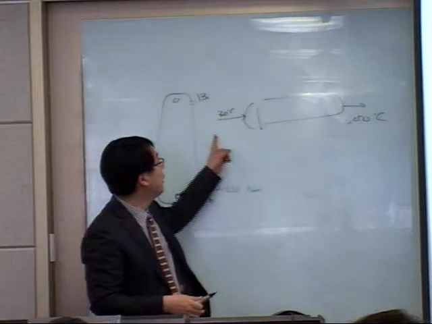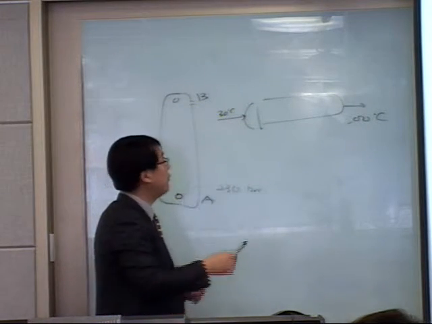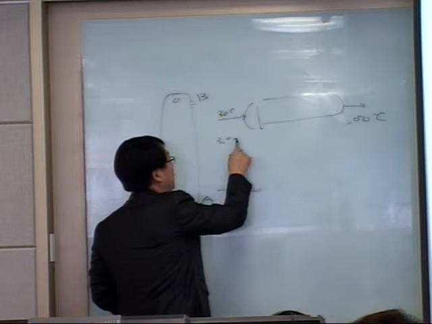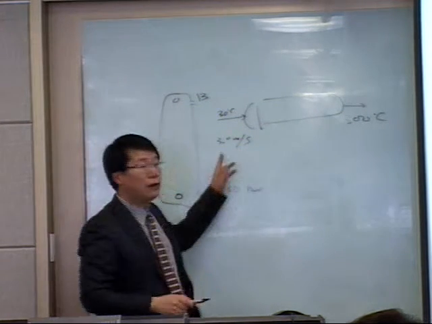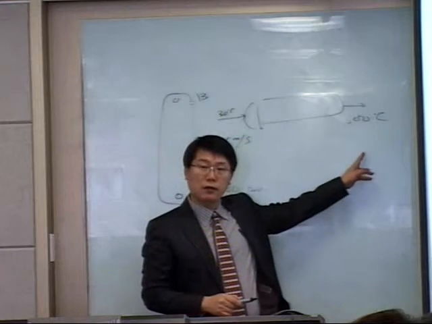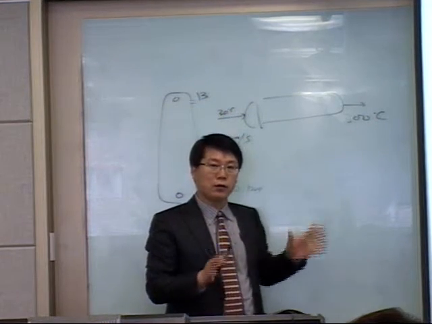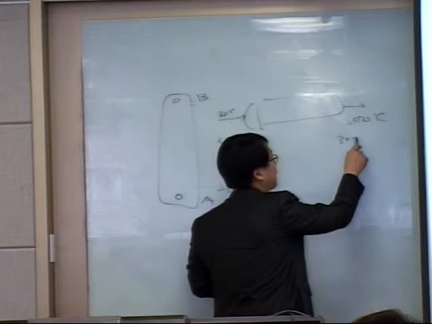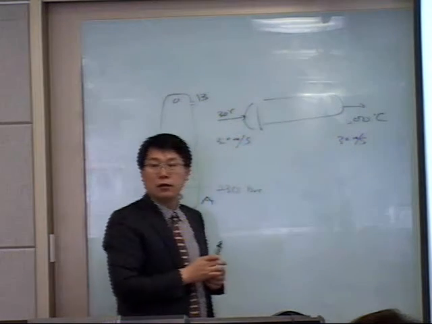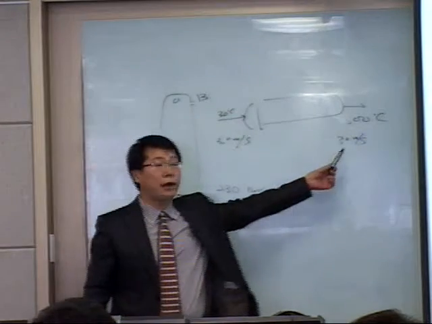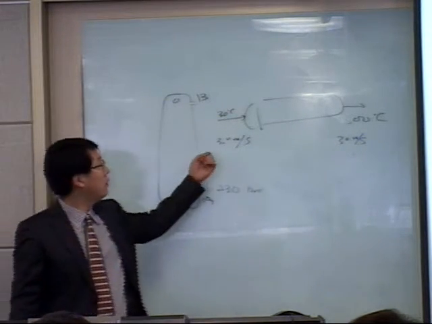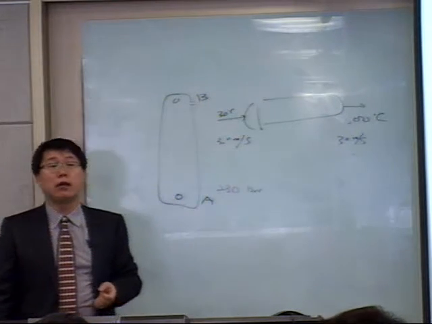The incoming flow velocity would be 3.0 meter per sec, and the outlet velocity can be around 30 meter per sec. So the kinetic energy for the outlet stream is much higher than the incoming fluid.